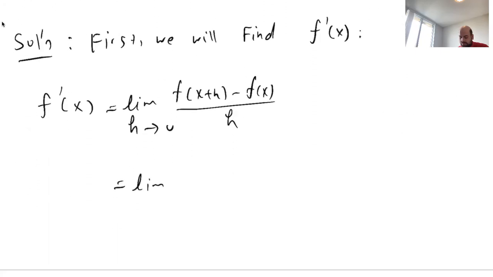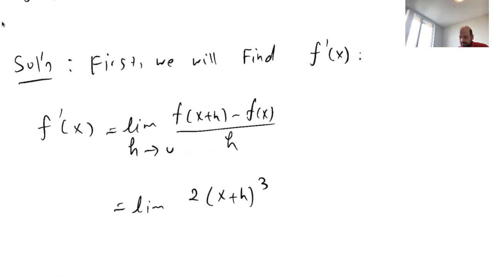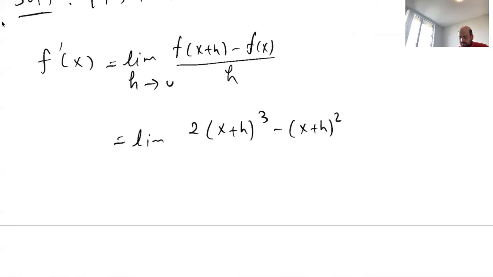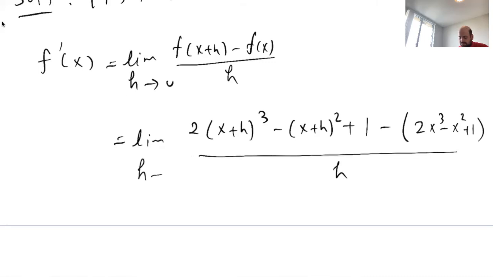So the limit of 2 times x plus h cubed minus x plus h squared plus 1. This is f of x plus h, and then minus f of x. So minus 2x cubed minus x squared plus 1, divided by h as h approaches 0. So in this fraction f of x plus h minus f of x over h, the first 3 terms are for f of x plus h, and the next 3 terms are for f of x.